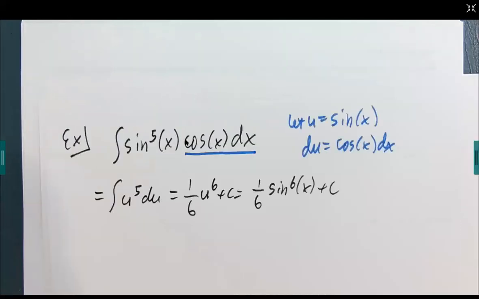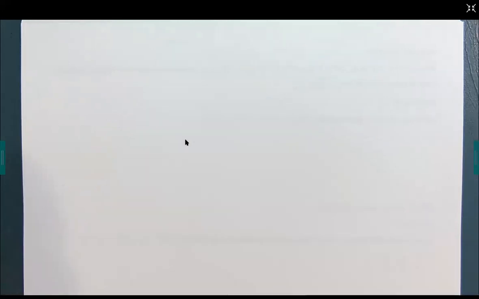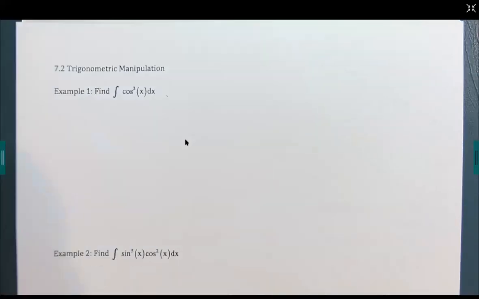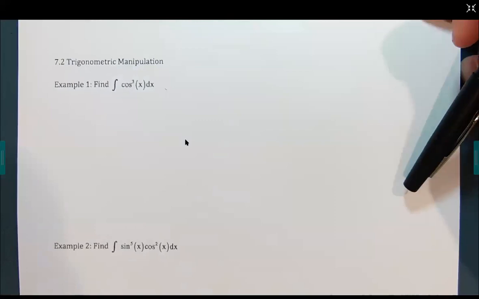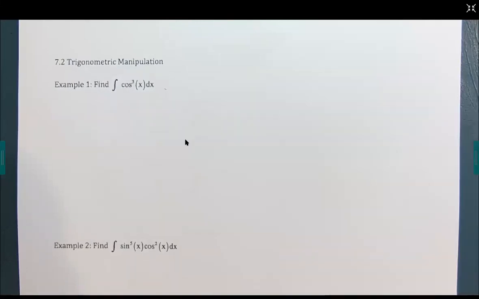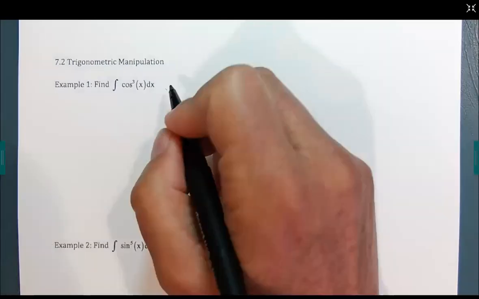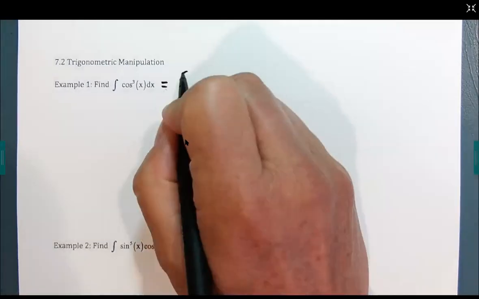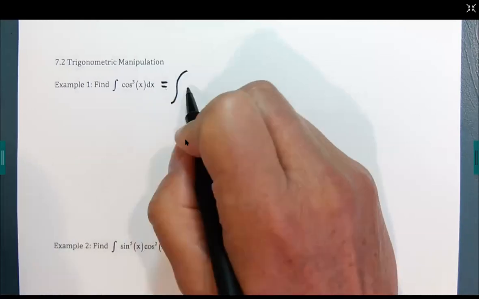And that jumps us into our actual lesson. So here's our trigonometric manipulation. I'm going to start this here. And so far we have not integrated anything like cosine cubed x. But what we're going to do is use some Pythagorean rules. I'm going to save off one of those cosines.